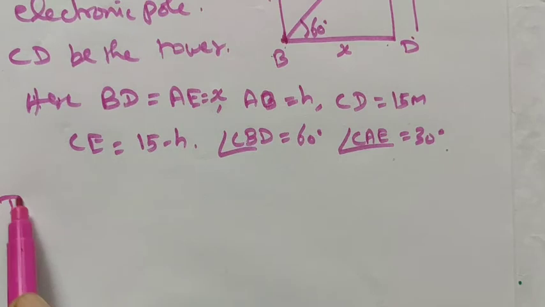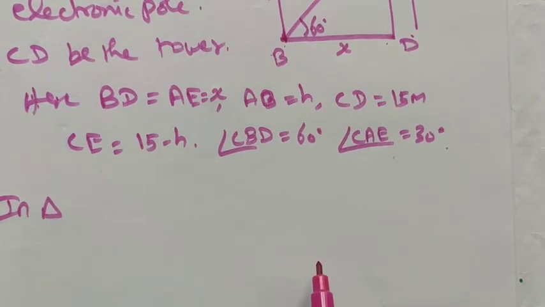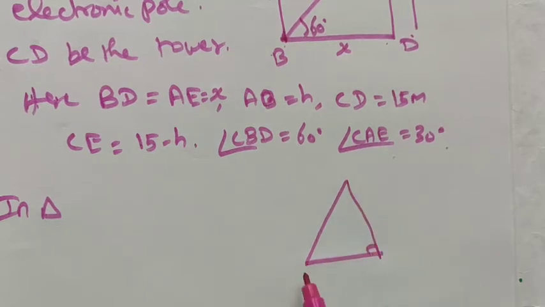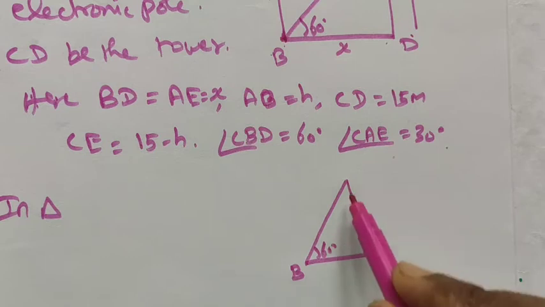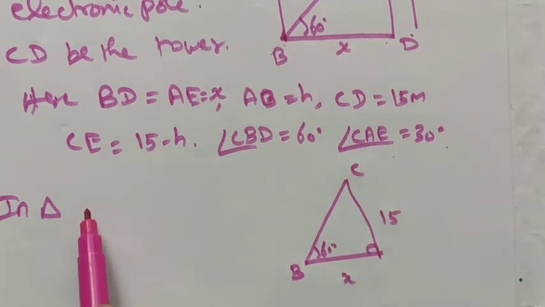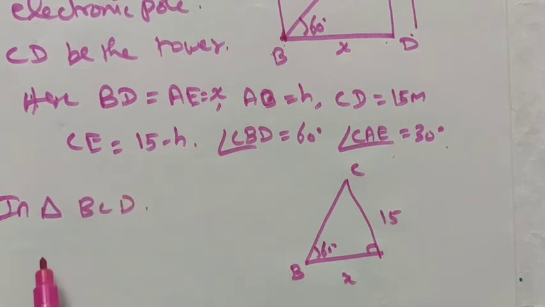So first I take the triangle. Here the triangle is a right angle triangle. The triangle is BCD. This is 90 degrees. B is 60 degrees. C is 15. This is X. In triangle BCD, see, the angle is inclined here.